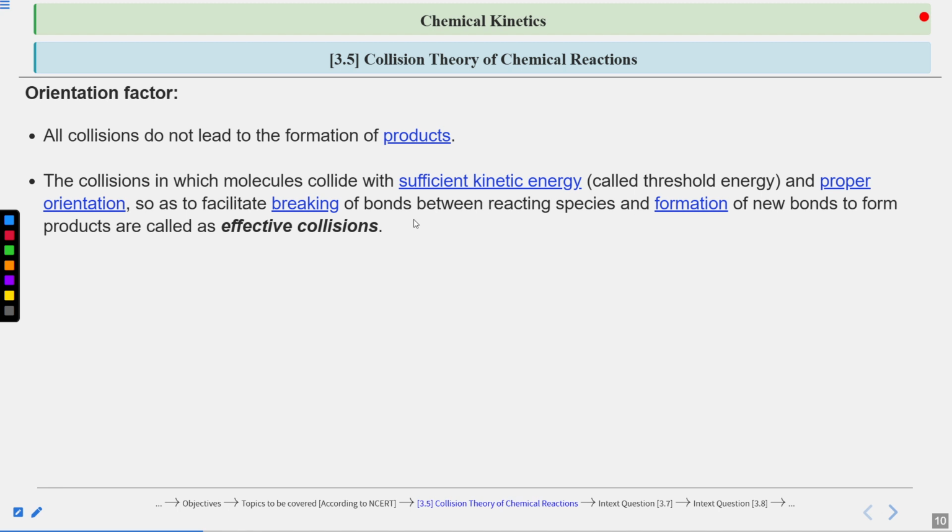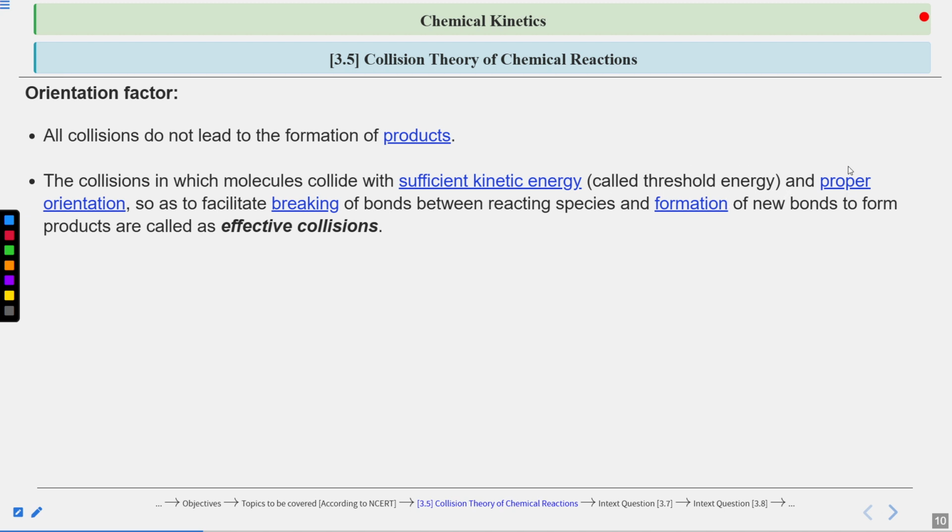And proper orientation is also important, so as to facilitate the breaking of bonds between the reacting species and the formation of new bonds to form the products; these are called effective collisions. So the molecules which are colliding should have sufficient kinetic energy in them, which is known as threshold energy.